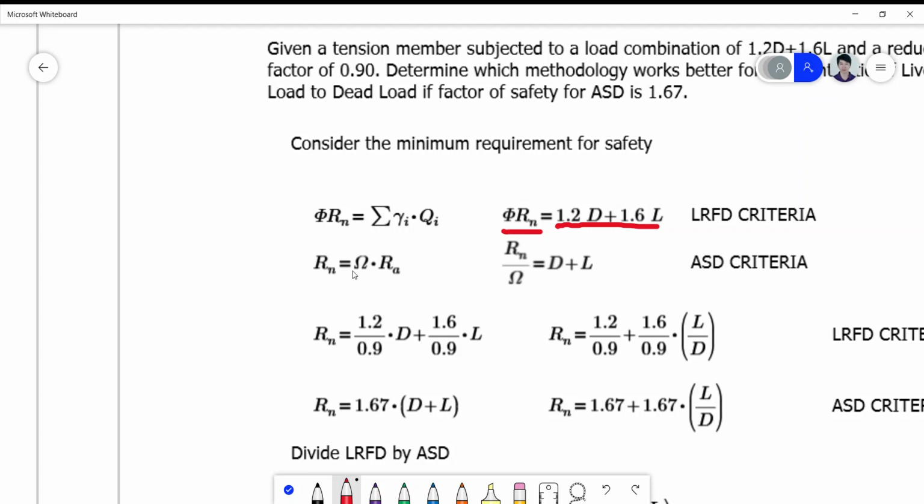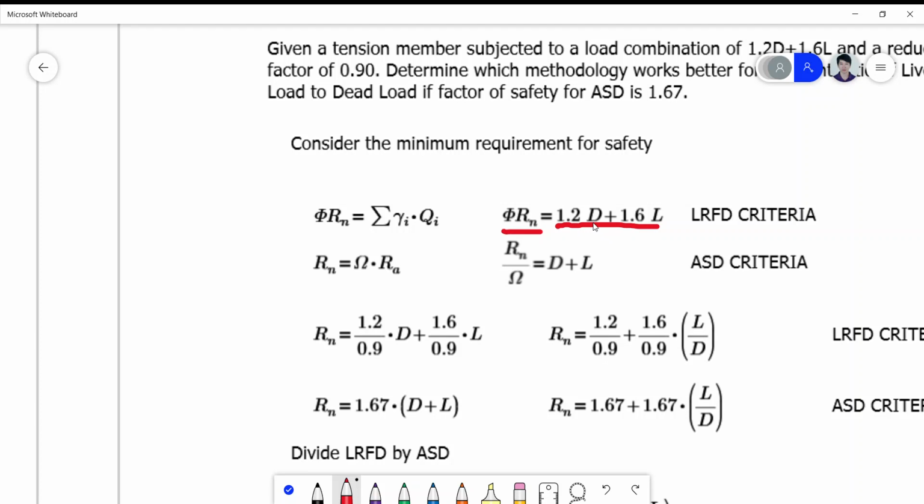Okay, so Rn divided by the factor of safety becomes now your load combinations, or the load imposed on the beam, or sorry, on the member, which is the dead and the live. So this is the ASD criteria.